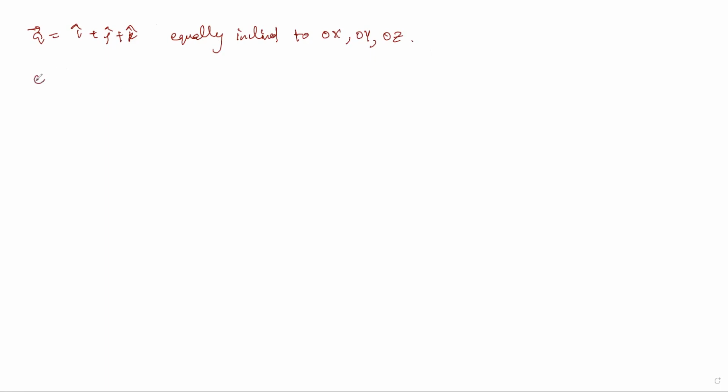Now, if you remember cos alpha, what was cos alpha? The cosine of the angle made by vector A with the x-axis. X-axis means OX, basically.